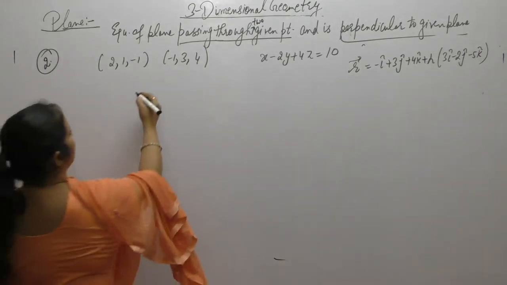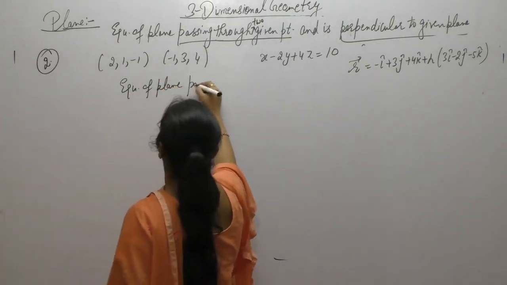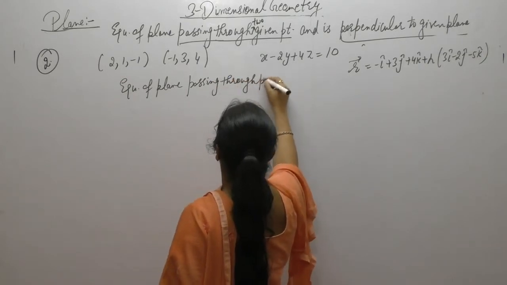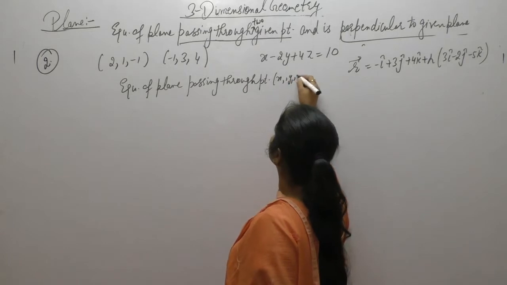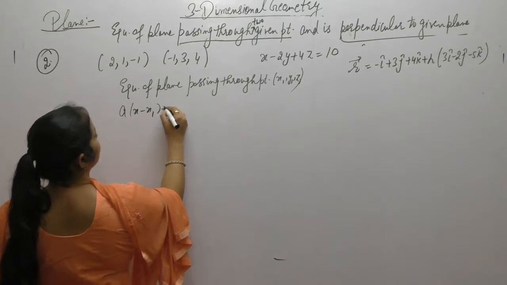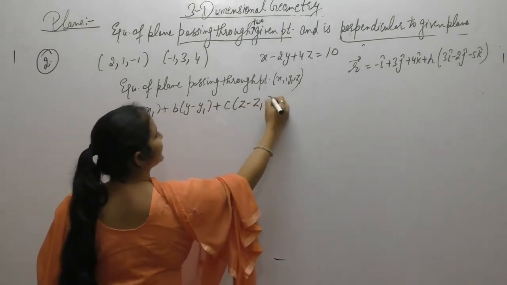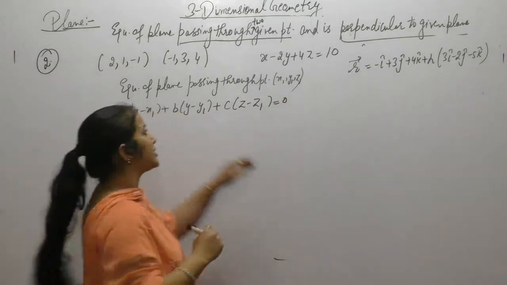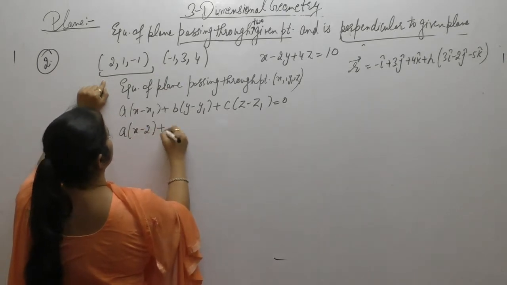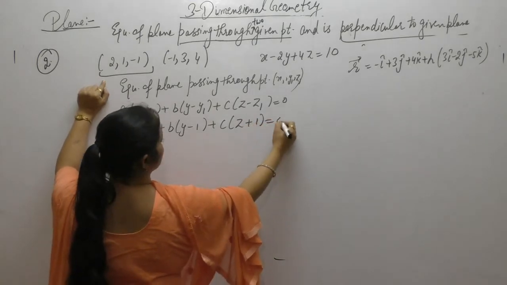Now the equation of plane passing through point x1, y1, z1, we know what is the equation of plane: a(x - x1) + b(y - y1) + c(z - z1). Is it clear? Now the plane passes through this point, so a(x - 2), b(y - 1), c(z + 1).